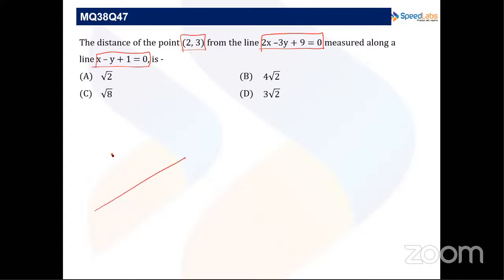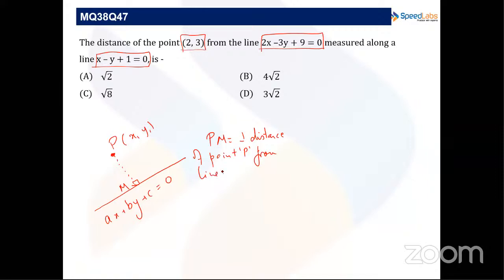First of all, if we have some point x1, y1 and an equation ax plus by plus c equals 0, and we have drawn a perpendicular, let's say on point M, so PM is our perpendicular distance of point P from the line.